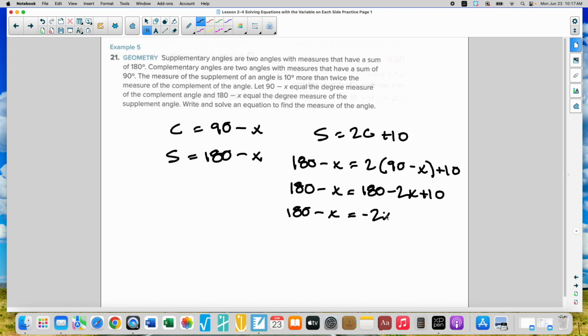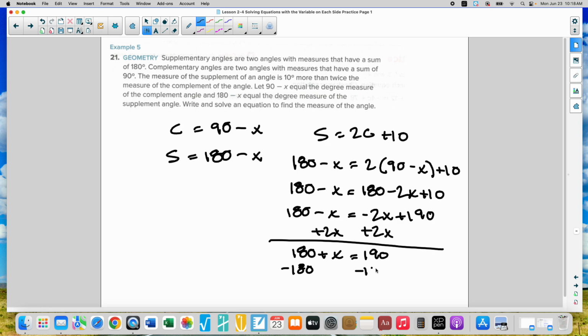That's going to be negative 2x plus 190. Let's add the x over. Oh, no, let's not. That would have given me a negative. Let's add the 2x. That gives you 180 plus x equals 190. Subtract 180, and x equals 10.